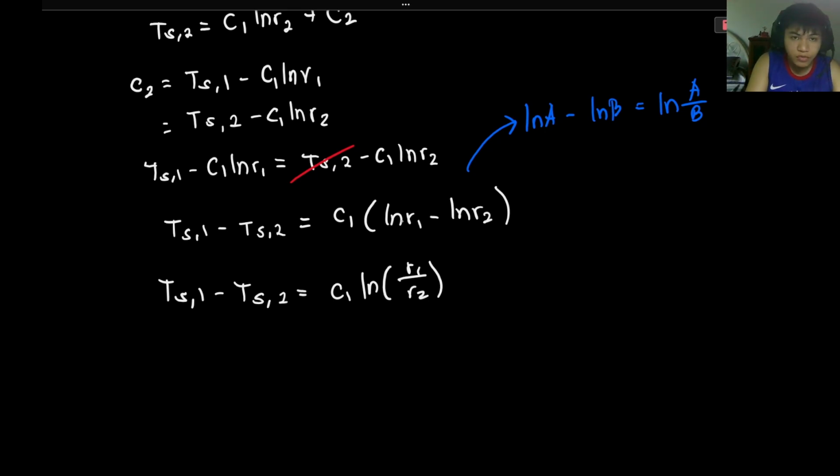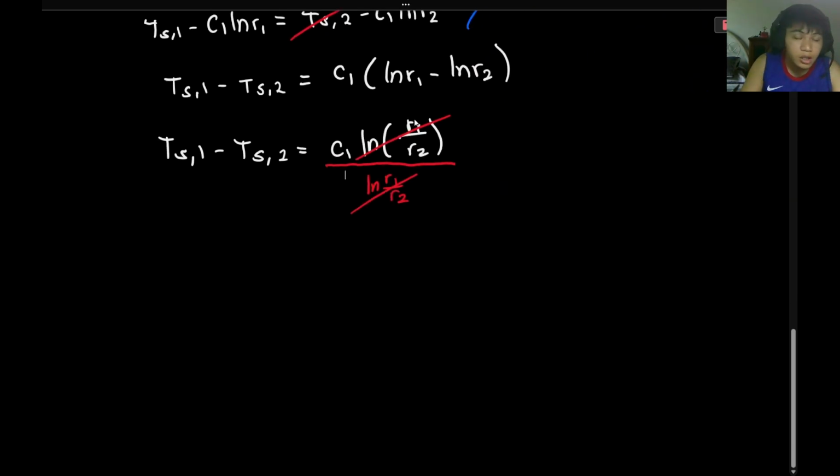And solving for C1, we just divide both sides by the expression ln R1 over R2. So, we'll just cancel each other out and then pupunta yung dito.